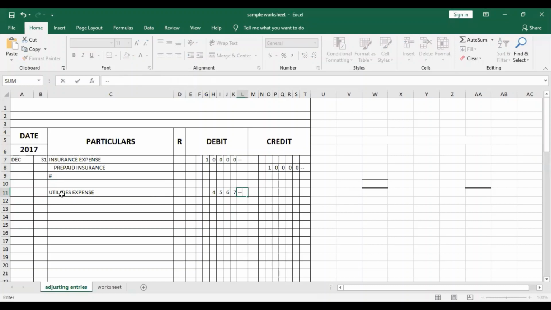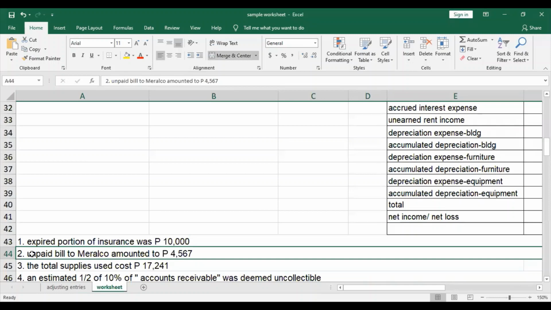And then, anong sabi? It is still unpaid. So, itong number 2, ang pinag-uusapan natin dito is accrued expense. Kasi meron ka daw expenses pero hindi ka pa nakakapagbayad. If you define accrued expense, it is a current liability representing an expense already incurred but not yet paid.